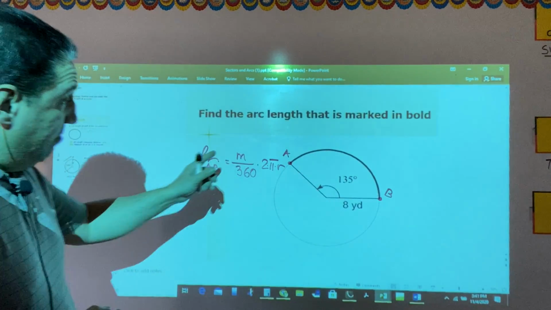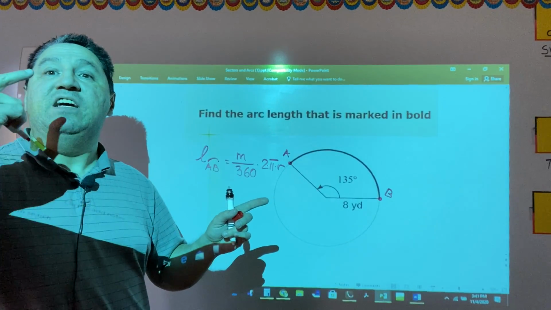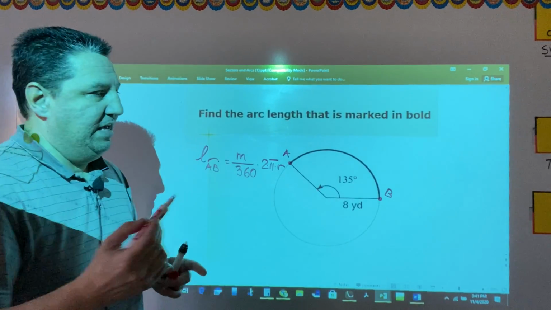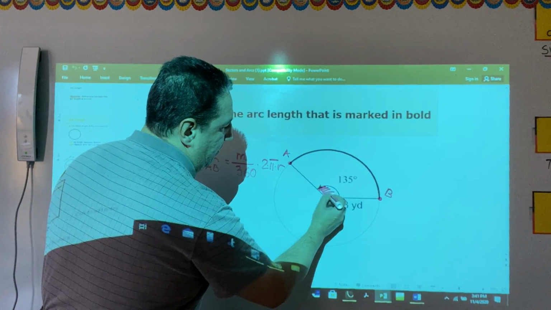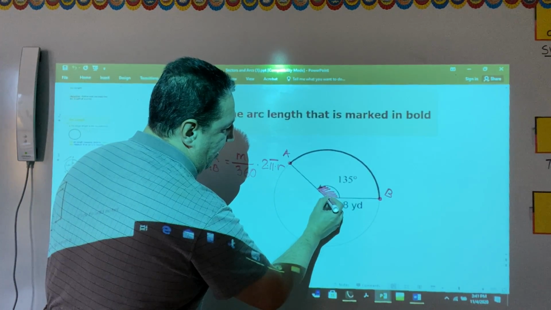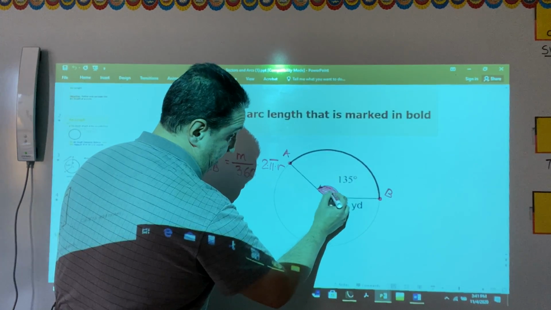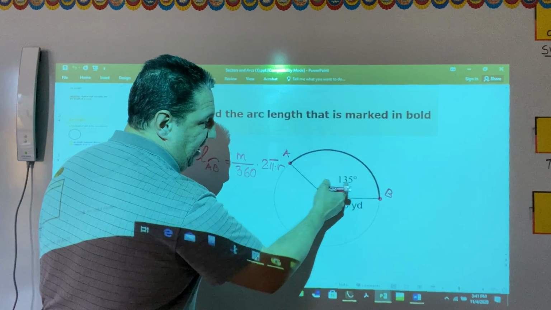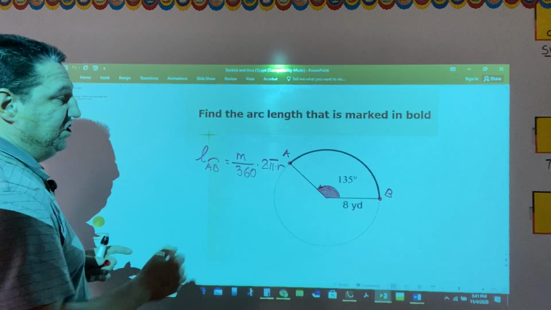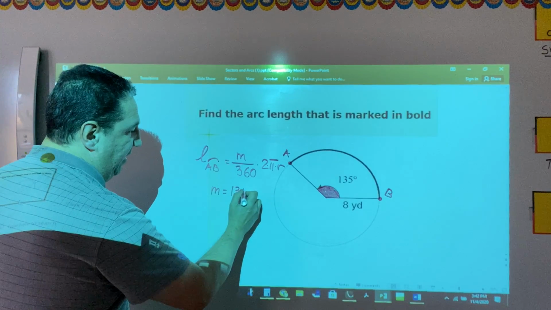Now, m is the measure of the central angle. The central angle is this angle, an angle whose vertex is at the center of the circle. And this measure is 135. So, in this case, m equals 135 degrees.